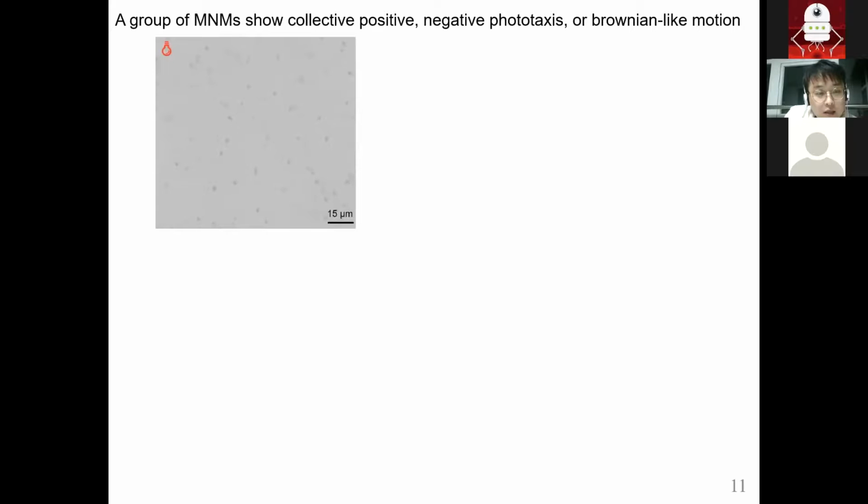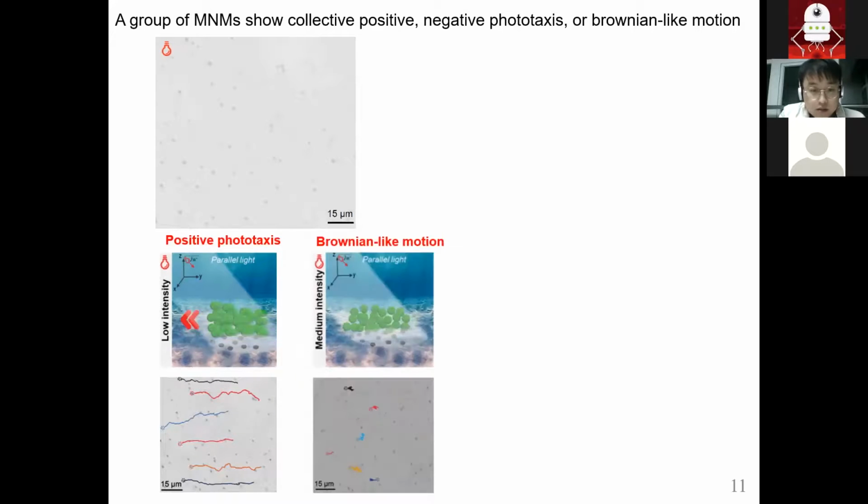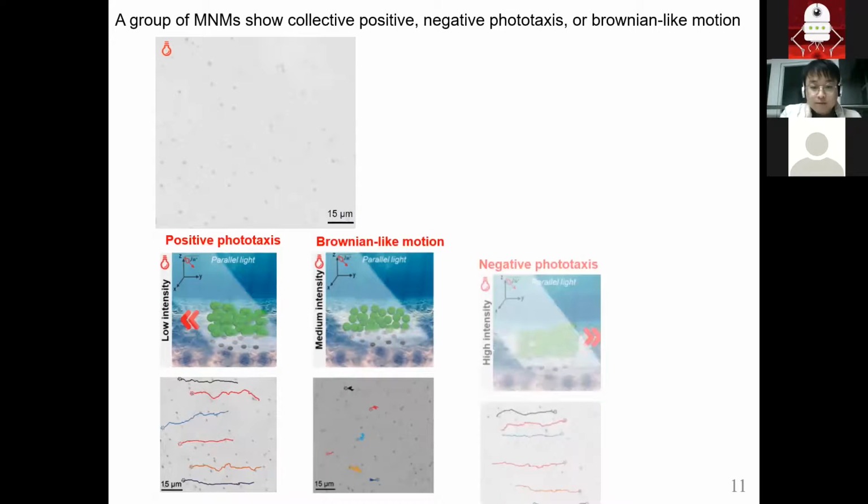When we turn up the light intensity, they move away from the light source, namely they exhibit negative phototaxis, just like this schematic illustration.